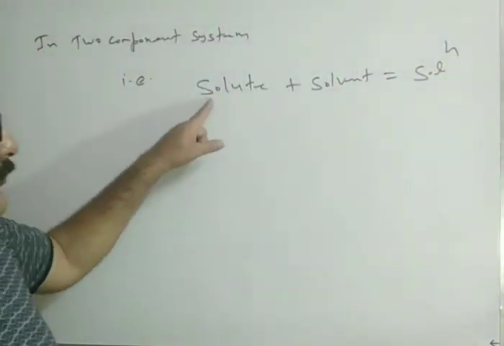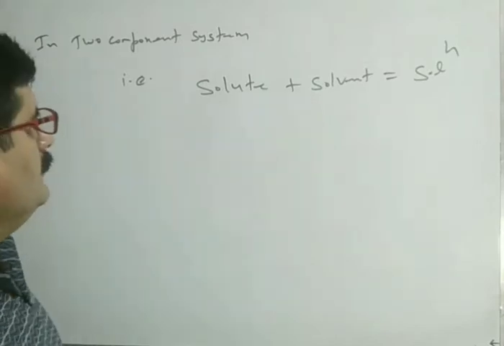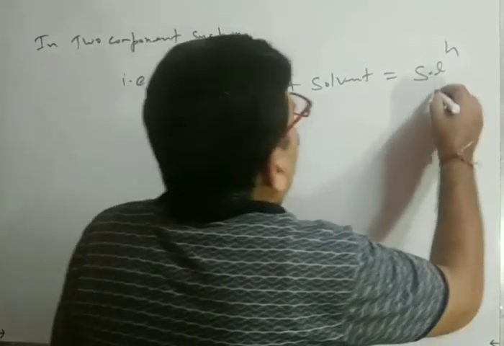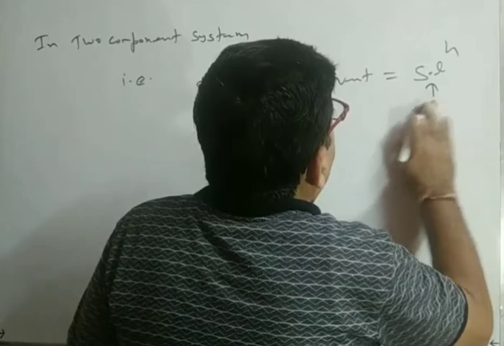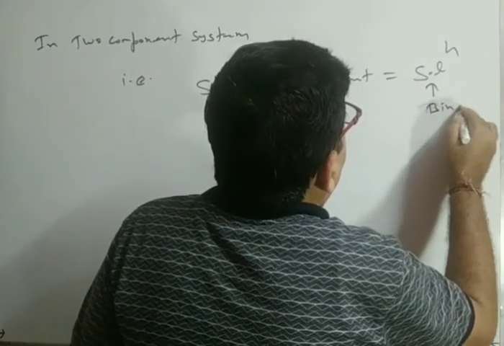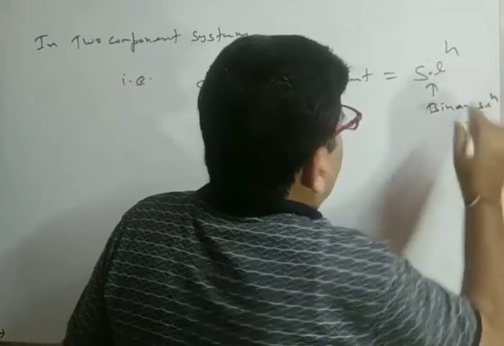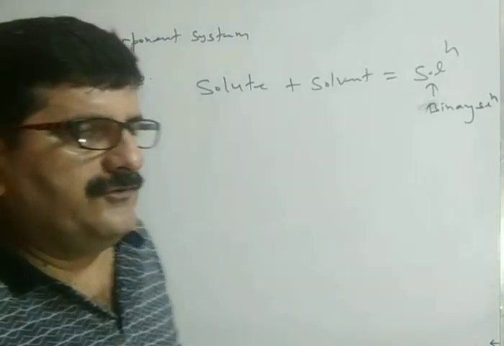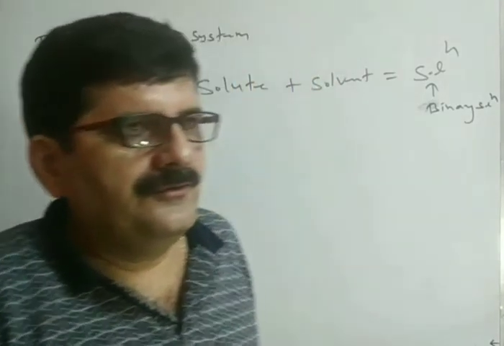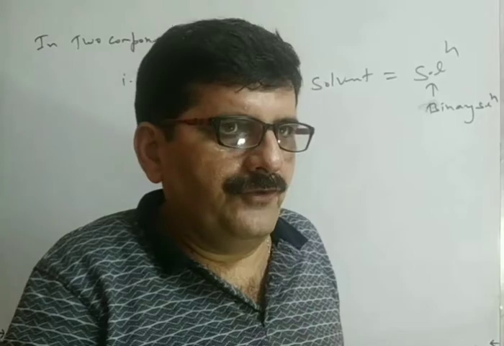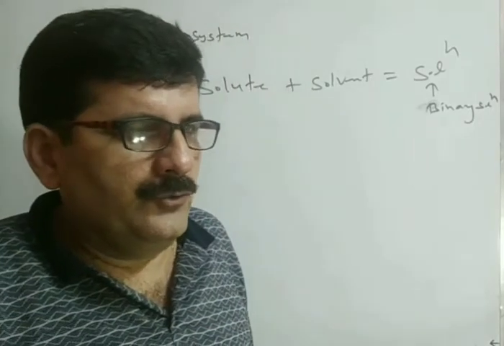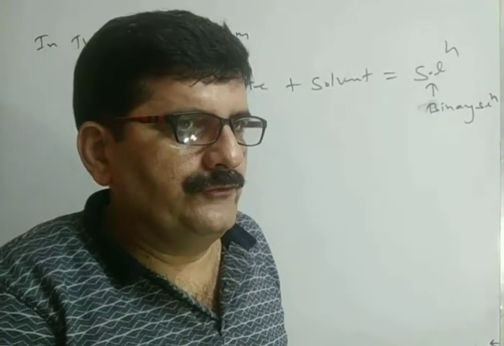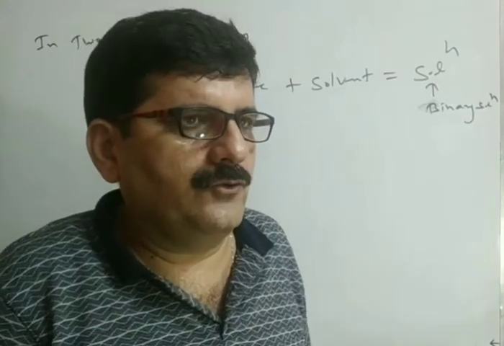That is one solute and one solvent. This type of solution is known as binary solution.